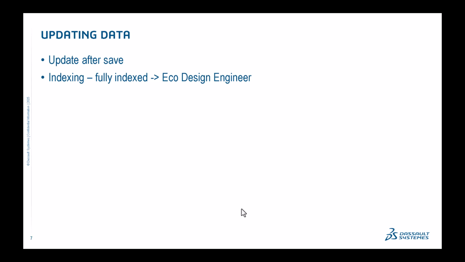One of these processes is referred to as indexing. Indexing on the 3DEXPERIENCE platform is the process of creating an index of your data. This enables faster and more efficient searching and retrieval of this information.